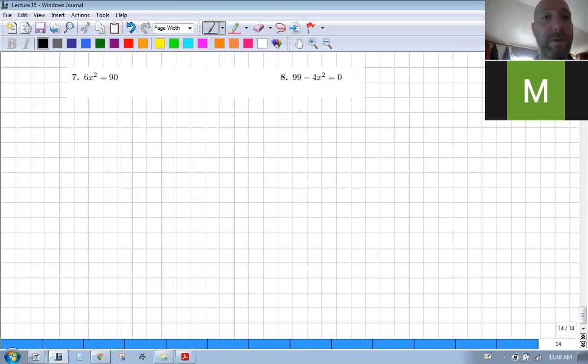All right, let's divide both sides by 6. Let's see, let's reduce this. 6 is 2 times 3, right? 90 is 2 times 45. And 45 is 9 times 5.